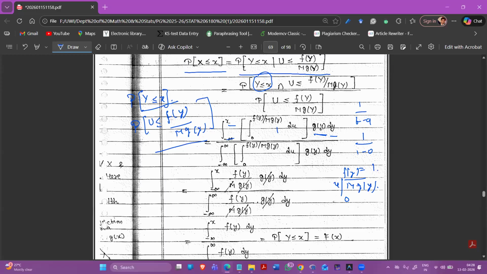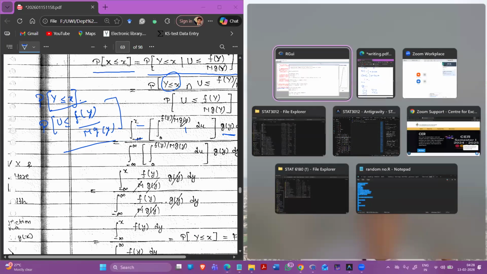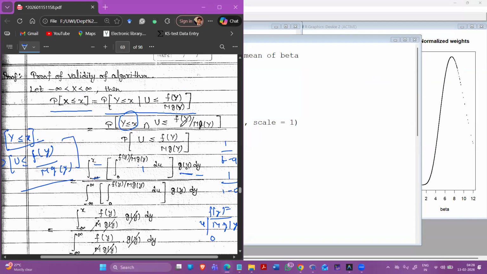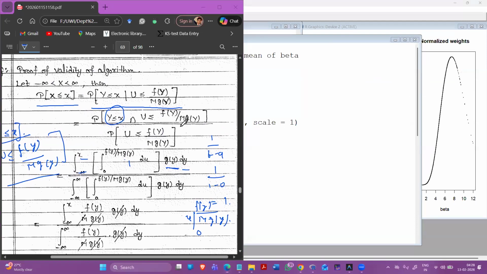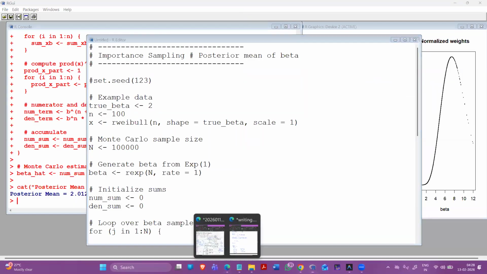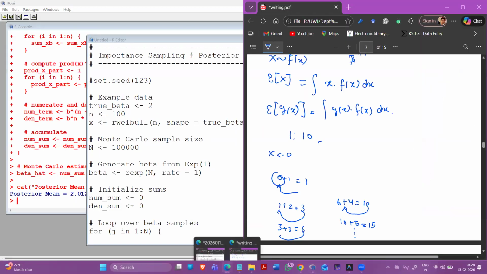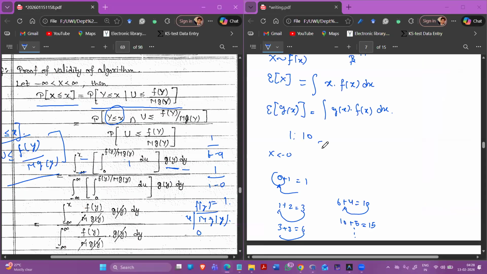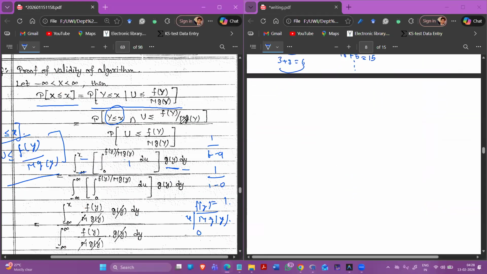I am saying that you need to find the probability that x is less than or equal to x, the marginal.